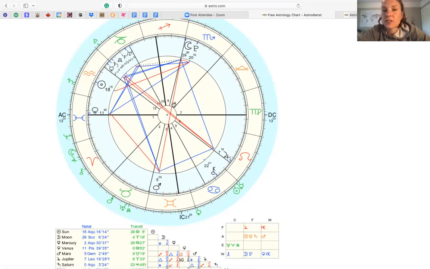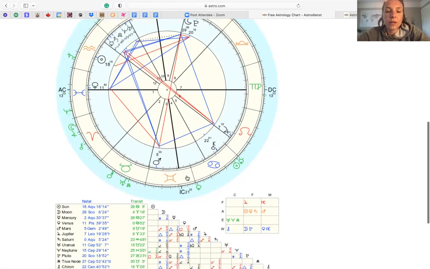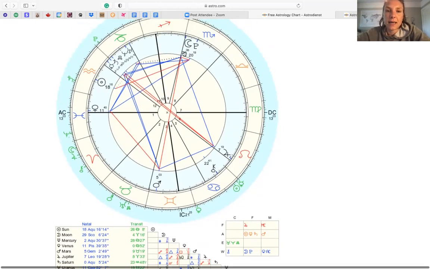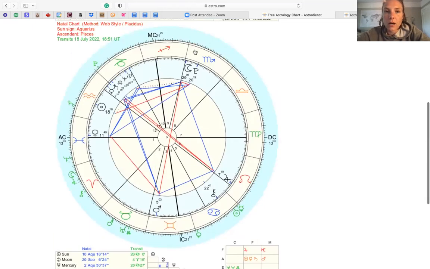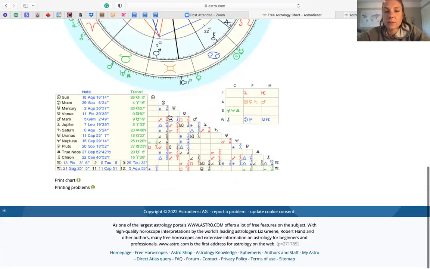So maybe this person actually is able to speak about their emotions in a really profound way, or a very powerful way. Obviously, that's something that I've really had to work on. But there's a challenge between the fixed signs, what they say they mean, right? With that energy. Could be highly intuitive with that as well.